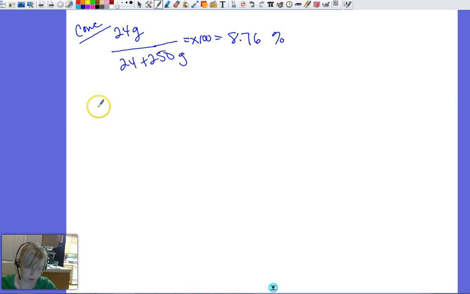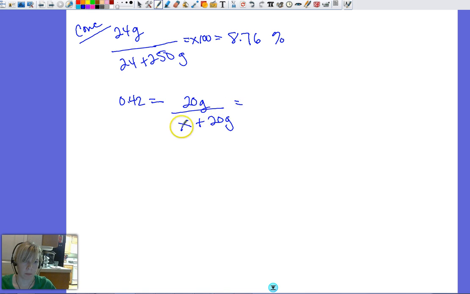Our next concentration problem says I need to make a 42% solution of KI. If I have 20 grams of KI, how much water would I need to dissolve it in to make 42%? So I'm going to set up my problem. I have 0.42 equals 20 grams of KI over X plus 20 grams.